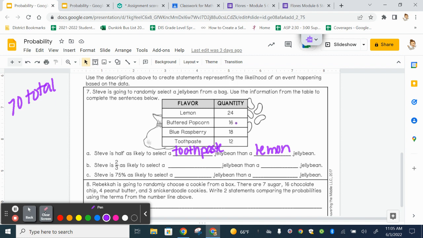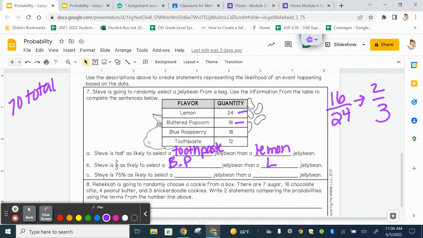Buttered popcorn and lemon. So if we looked at the buttered popcorn over the lemon and we simplified that, that would simplify to 2/3. So we could say, I'm just going to write BP for buttered popcorn and then L for lemon, just to save us time.